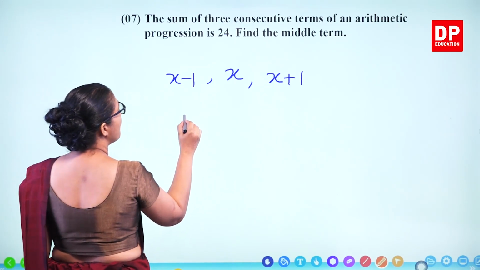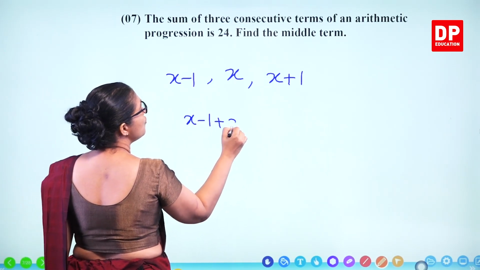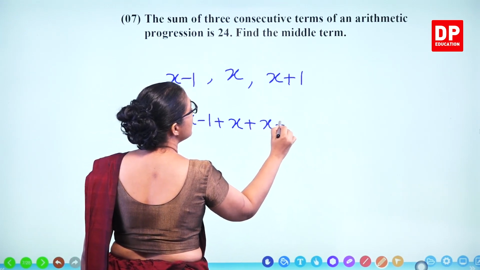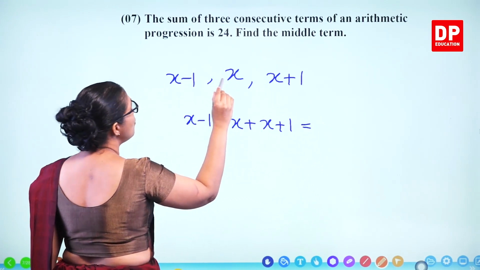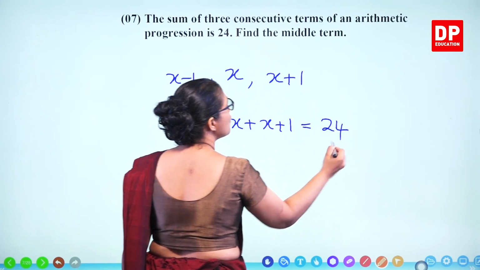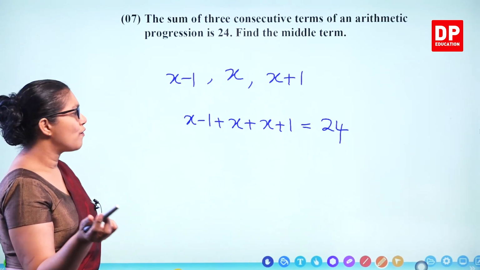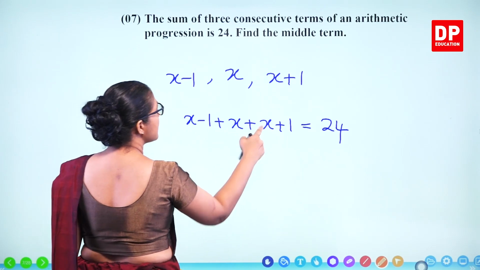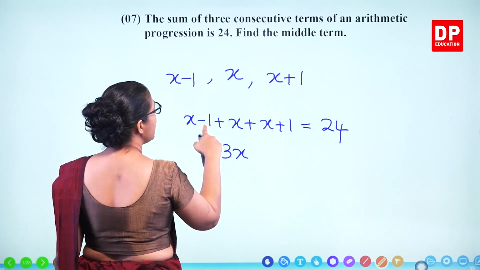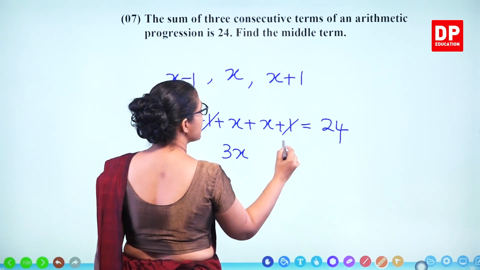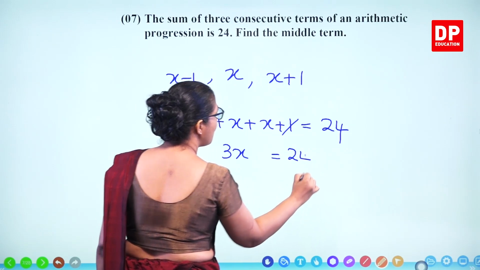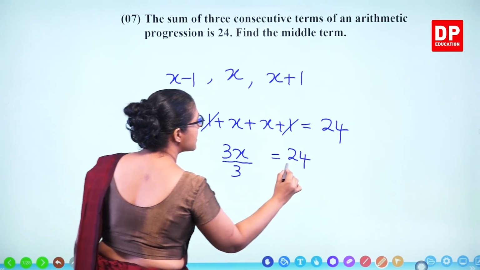The sum: you add all 3 and it is equal to 24. So this is a linear equation. Solve for x. You get 3x, the minus 1 and plus 1 cancel out, and you get 24. How do you find x?